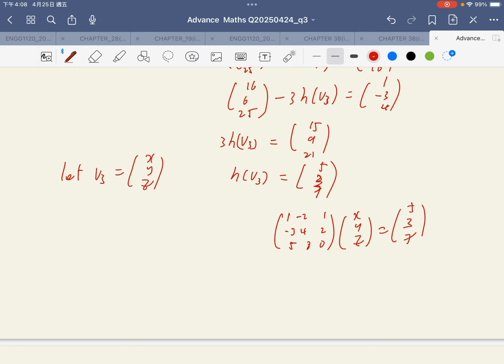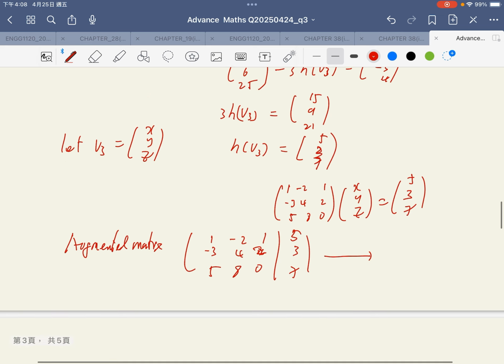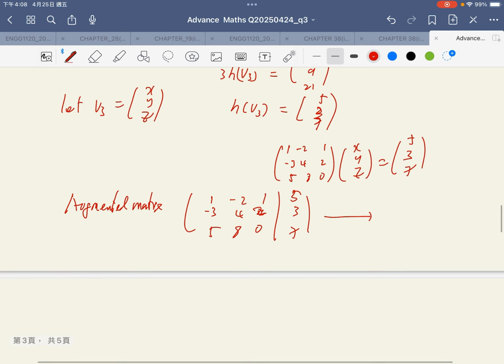The augmented matrix is 1, -2, 1. And I am here using Gaussian elimination.